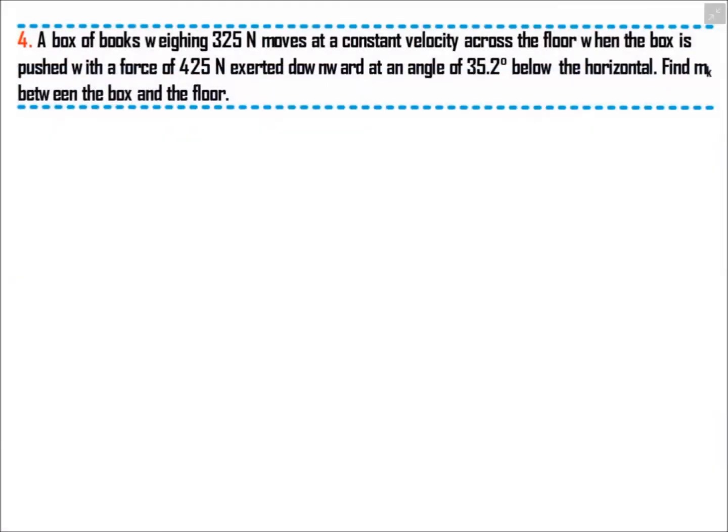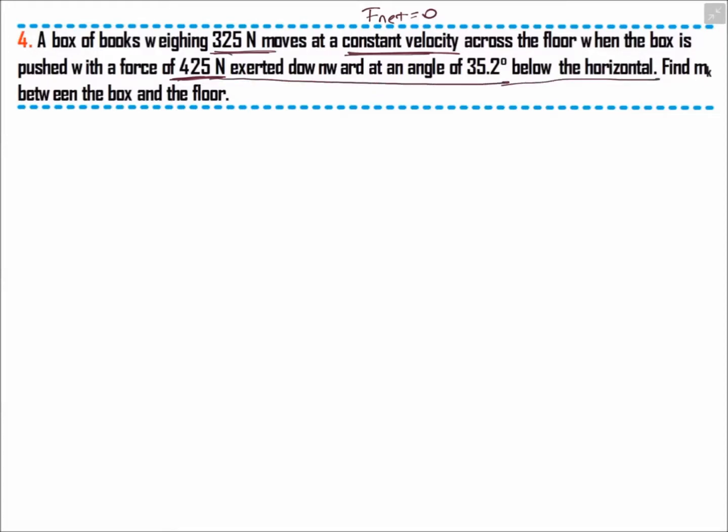Welcome everyone. In this question it says a box of books weighing 325 Newton moves at a constant velocity across the floor. Constant velocity means the net force acting on the object is 0. The box is pushed with a force of 425 Newton exerted downward at an angle of 35.2 degrees below the horizontal.